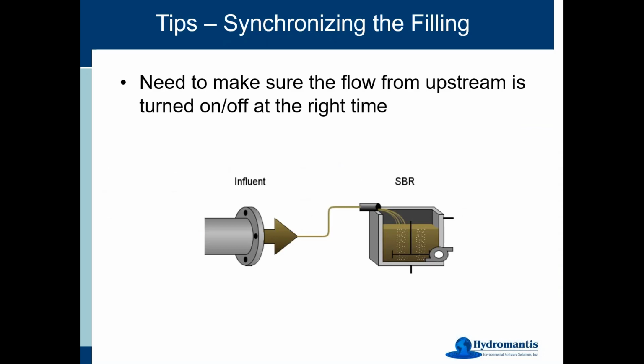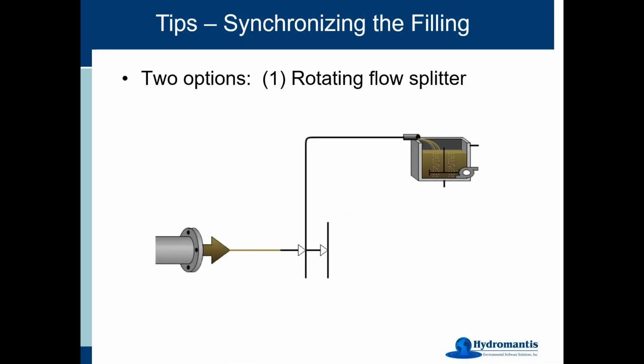So we also need to make sure that the flow coming in is being turned on and off at the right time. As I mentioned before, you're not going to have flow coming into the SBR throughout the entire time, so you want to make sure you've done that properly. One way to do it is to use a rotating flow splitter. This is a 4-way splitter.